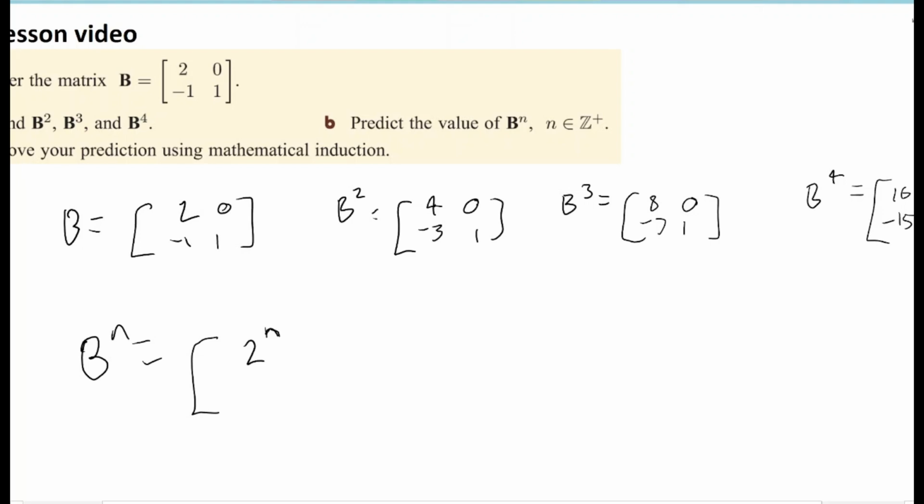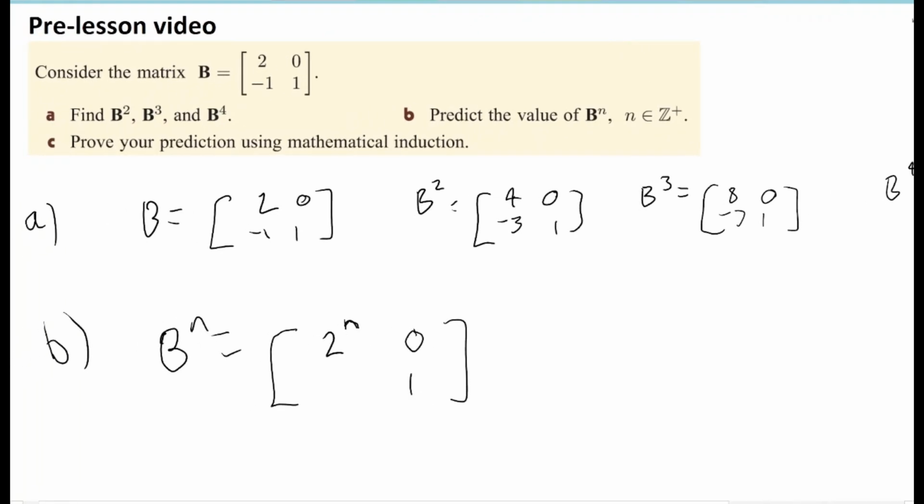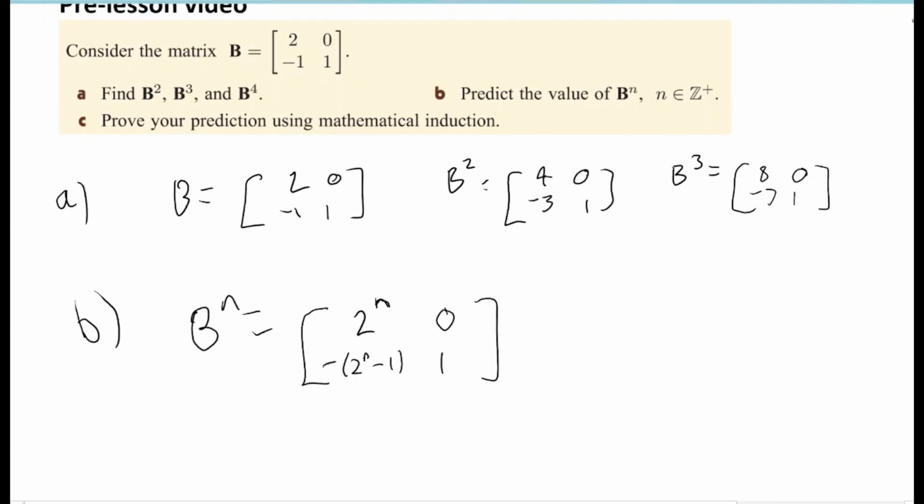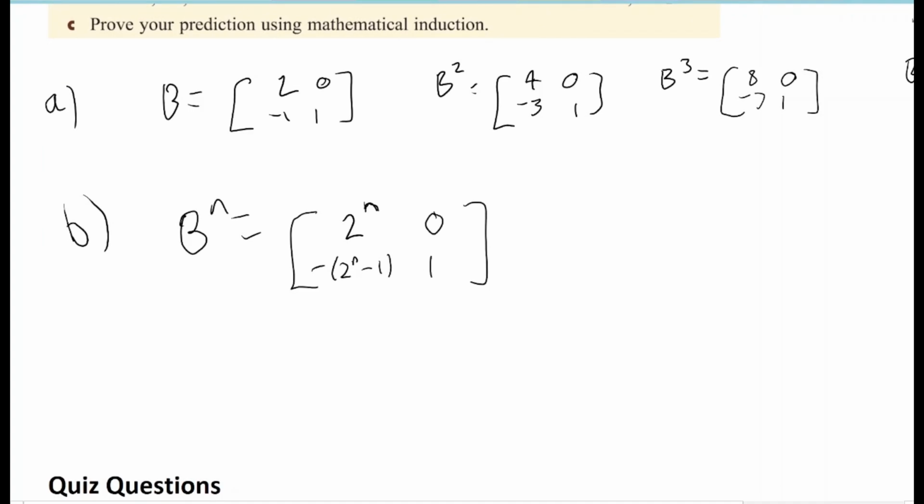The pattern on the top right is pretty easy to spot. It's just 0 all the time, same as the bottom right, it's just 1 all the time. Now, these are always 1 less than powers of 2, so I'm going to go 1 take 2 to the n on the bottom left there. That's a bit tricky. The other prediction that you could make, 2 to the n, 0, 1, 1 take 2 to the n, you could expand that out and write as 1 take 2n. So both would be correct.